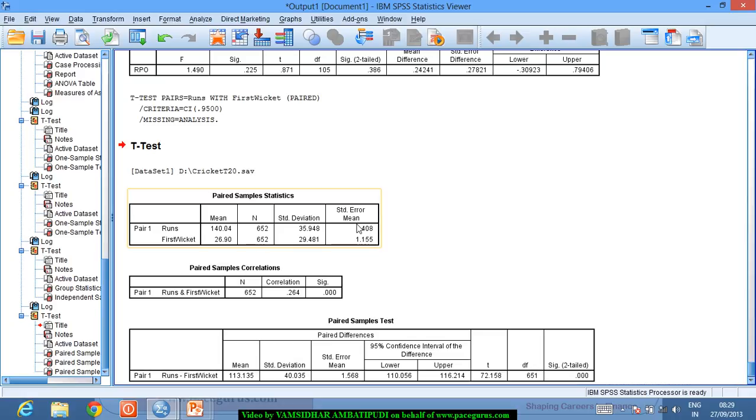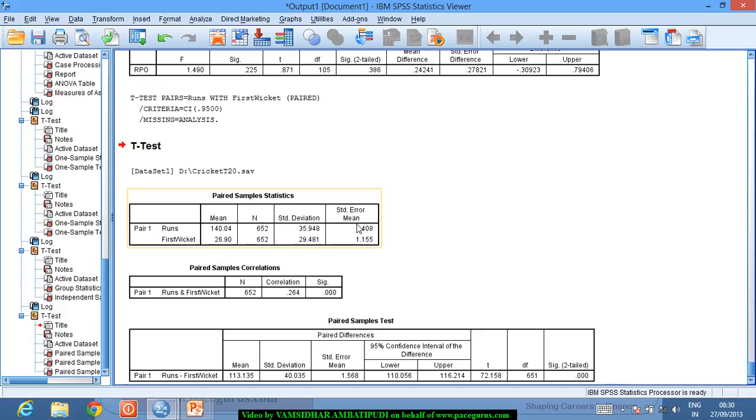We will look at it later: the closer the number is to 1, the more we may conclude that the higher the first wicket partnership, the higher the runs scored, and vice versa. But here the number is not so big, so at this moment I don't want to comment on the correlation.